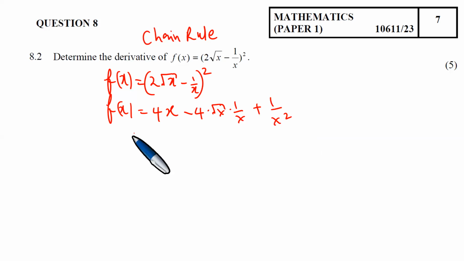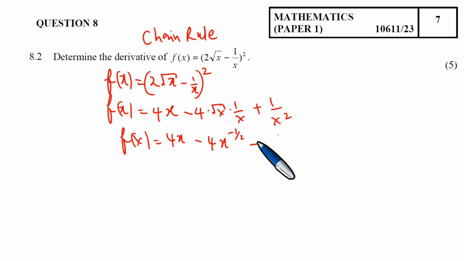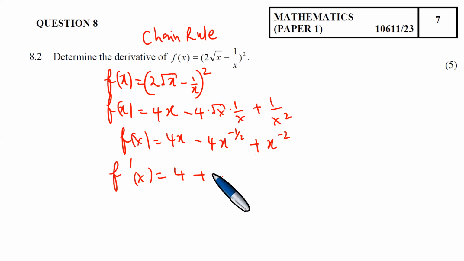So this is f(x) equals 4x minus 4x to the minus 1/2, plus x to the minus 2, which means you have f'. The derivative of the 4x becomes only 4. Here you bring down the minus 1/2 times minus 4, which is 2x, subtracting 1 is minus 3 over 2.